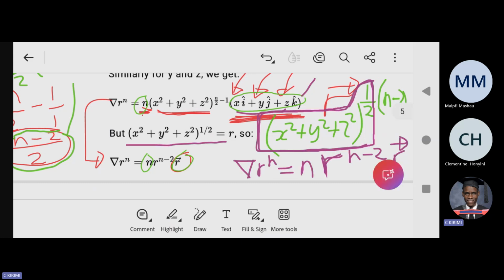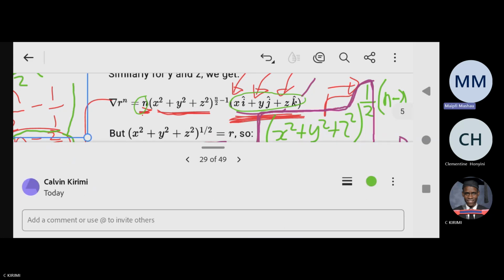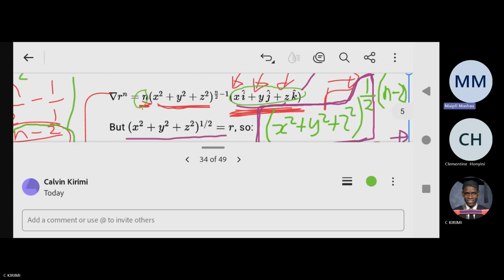Any question? So what happened to the half that was multiplying? Remember, we have 1 over 2 times n minus 2. What happened to that half? Because R comes with its own half, which is the square root.